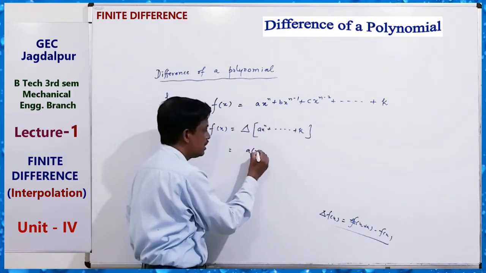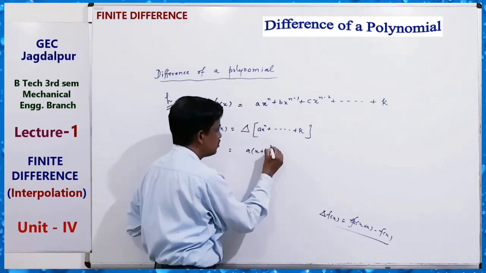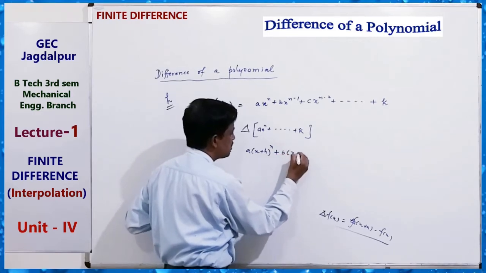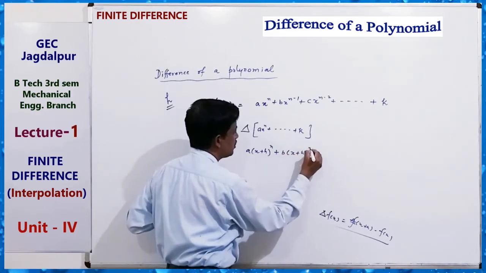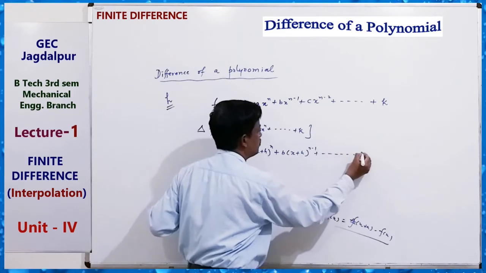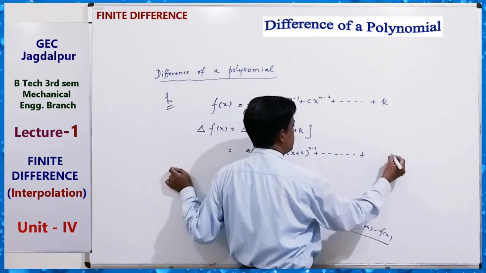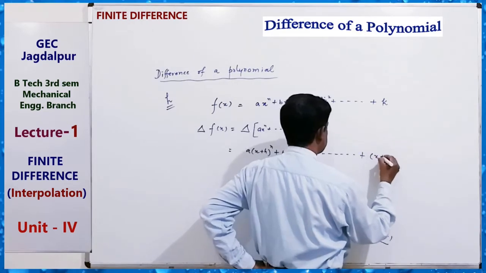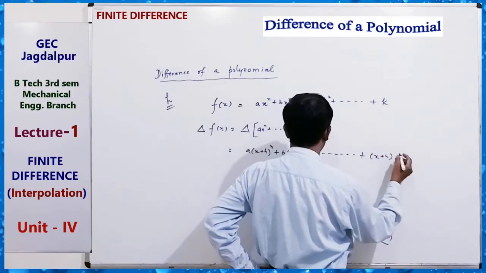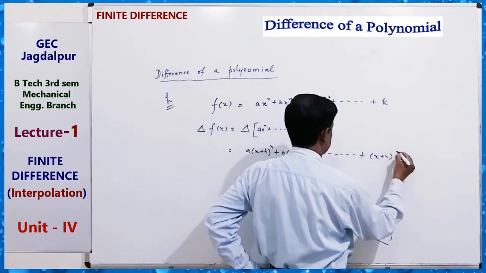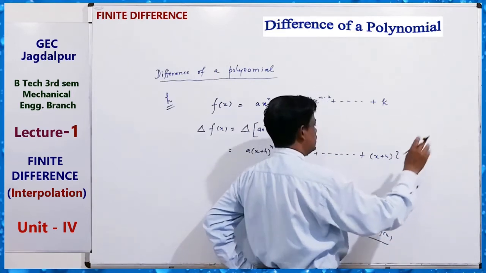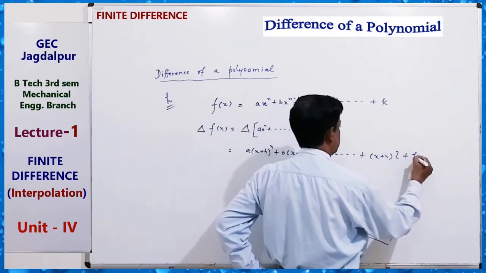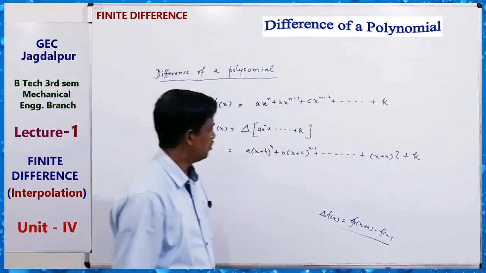So a (x plus h) to the power n, b (x plus h) to the power n minus 1, and so on up to the last term, (x plus h) into l, suppose any number, and then k. This type of value will be the first.